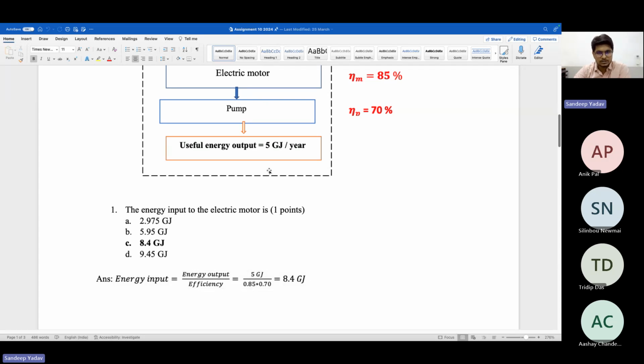There are two efficiencies associated with this. One is the efficiency of the pump and another is the efficiency of the motor. So we are dividing by both 0.85 and 0.70. Finally, we get the energy input as 8.4 gigajoule. I hope this is clear. If not, you can raise your questions, if any.